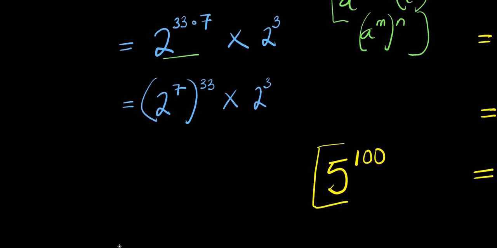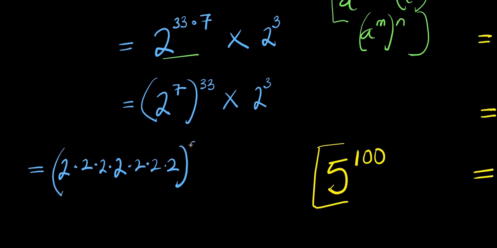And from here, 2 to the power of 7 is 2 multiplied 7 times, right? So that means 2 times 2 times 2 times 2 times 2 times 2 times 2, that is 2 to the power of 7. And this is raised to the power of 33 times 2 to the power of 3, right?